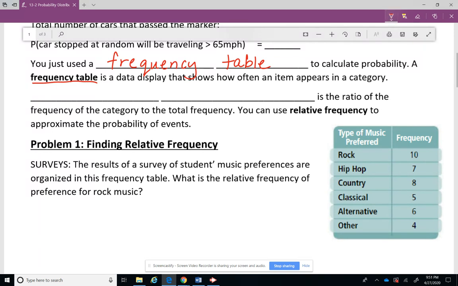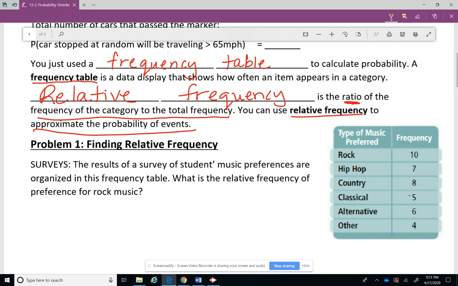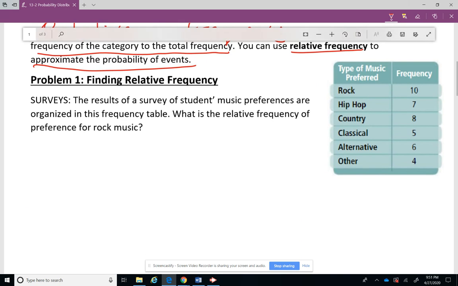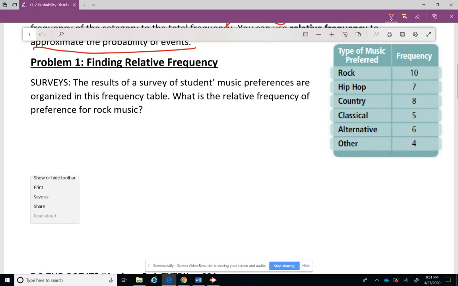Relative frequency is the ratio of the frequency of the category to the total frequency. So you can use relative frequency to approximate the probability of events. So that's what we're going to do now. We're going to find relative frequency.